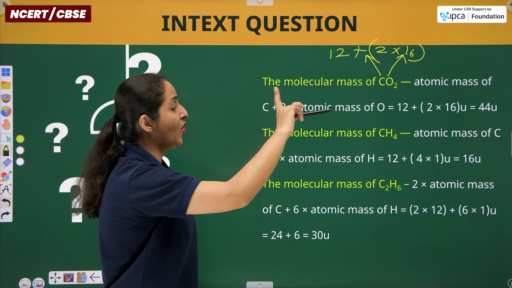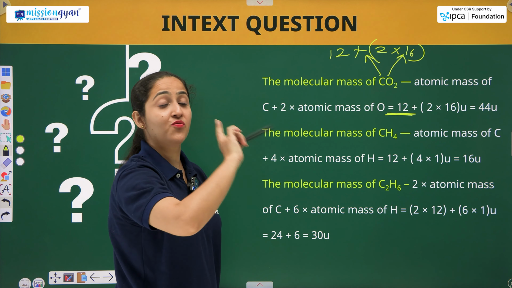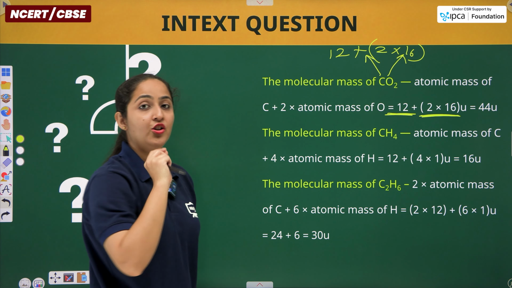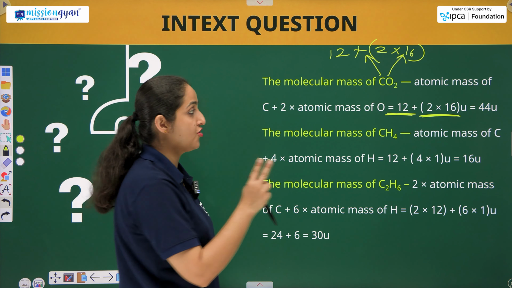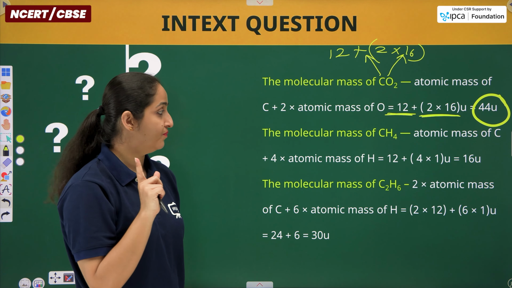Got it, students? So this is what they have done. The 12, which is the atomic mass for carbon, added to the atomic mass for oxygen, multiplied by 2 because there are 2 atoms of oxygen. So we get the answer as 44U.